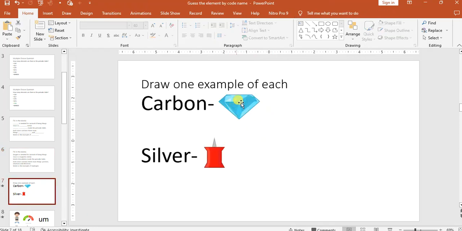Okay. So don't look at these for right now. Just identify it. It says draw one example of each, but identify it. What is this object which contains carbon? And which object is this which contains silver?